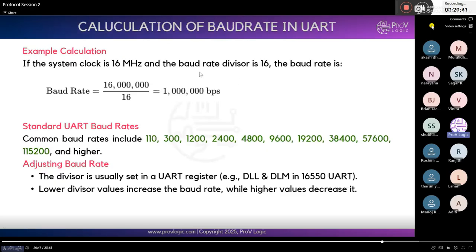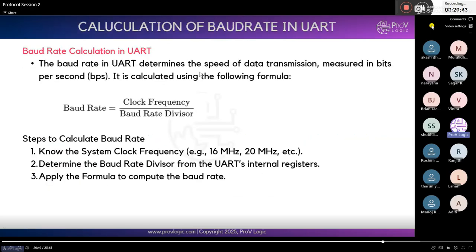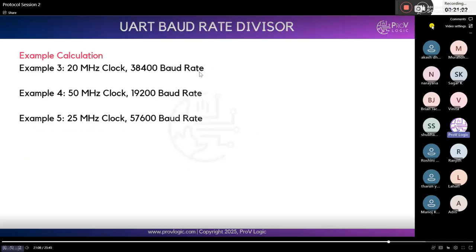Did everyone understand what is meant by baud rate? Based on this value only, we are going to transmit the data between transmitter and receiver based on the clock frequency. Try these 3 examples, examples 3, 4, 5.